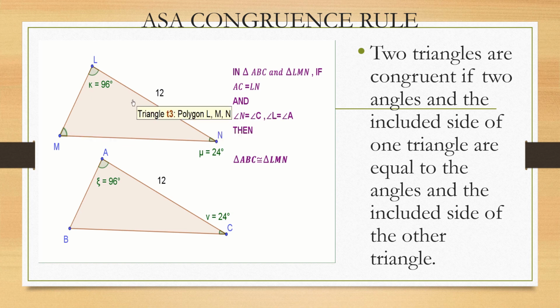It can be any one of the sides, because if two angles are equal, then definitely the third will also be equal. So it is not necessary that the side we are talking about will always lie in between the two angles. If I know these two angles are equal, and if these two sides are equal, then also I can say the triangles will be congruent, because then also your ASA rule will be followed. Okay.